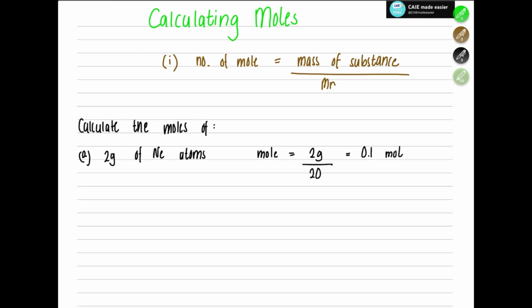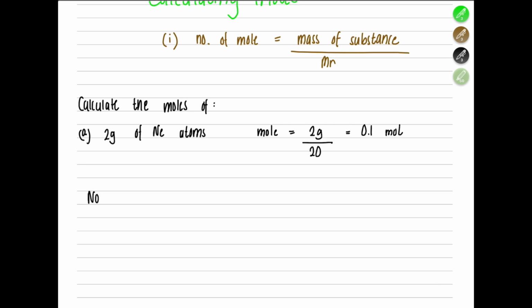This is 0.1 mole. But what if they ask you to calculate number of neon atoms? So we know how many moles we have. We have 0.1 mole. And we know in 1 mole, we have 6.02 times 10 power 23 atoms. So if we do the ratio method, in 0.1 mole, how many atoms will we have?